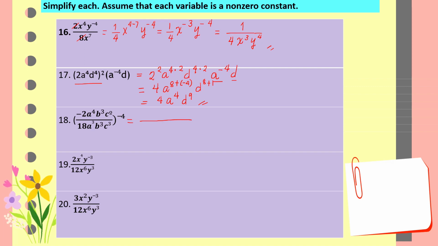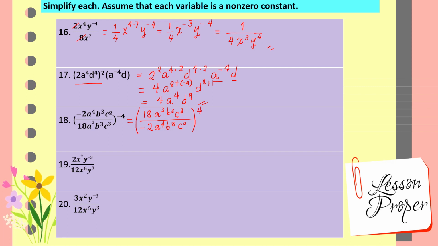As I said, yung numerator, siya ang magiging bagong denominator. Denominator dati, siya ang magiging bagong numerator. Then, do not forget your power as negative 4 magiging positive 4, kasi kinuha natin yung kanilang reciprocal, so the negative 4 becomes positive 4.